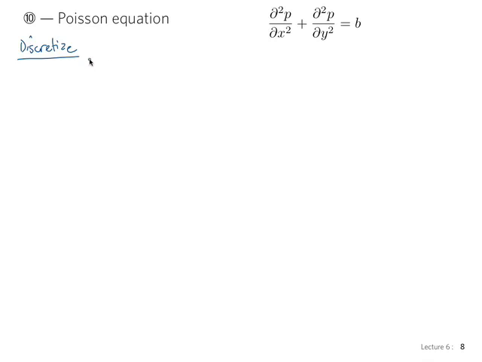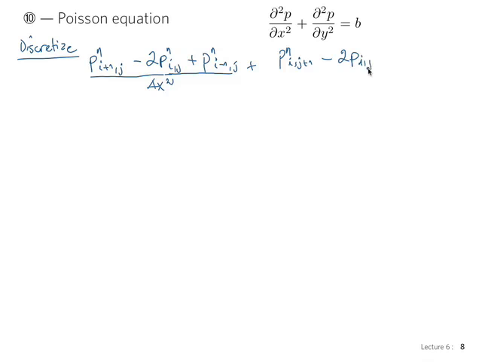Discretize the Laplacian operator with a second-order center difference approximation: P^n i plus 1, j, i minus 1, j, i, j plus 1, i, j minus 1, equal to, now we're going to have b i j.